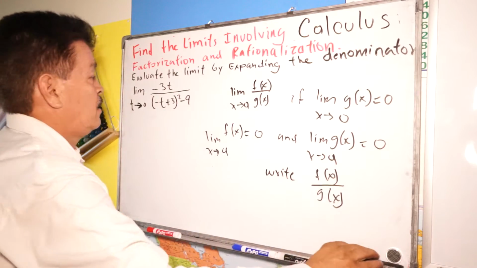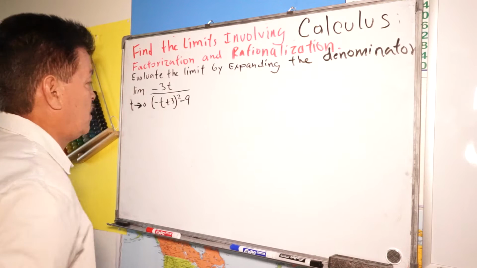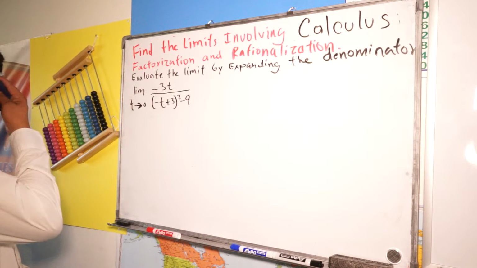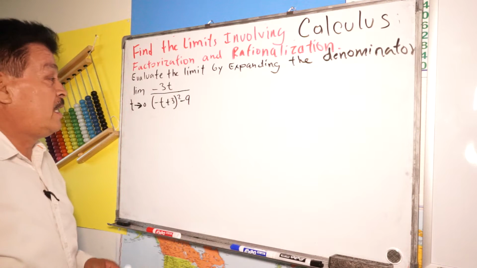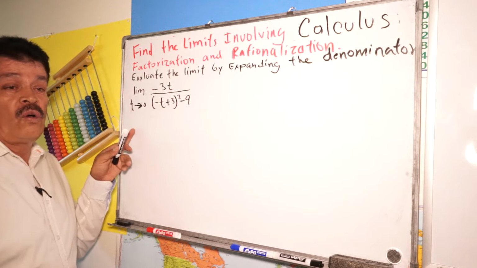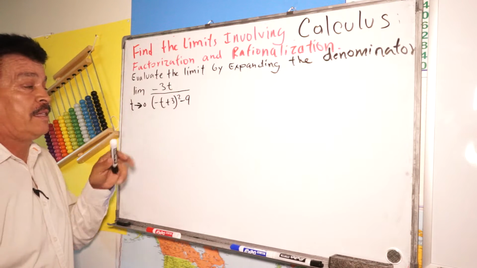Okay, so after this, let's try to find the answer to our problem. First step here: see if the limit law for division can be used to evaluate the limit.